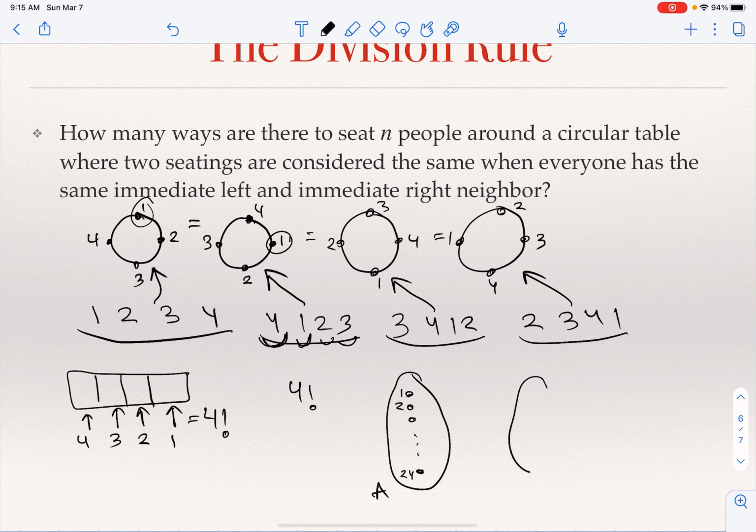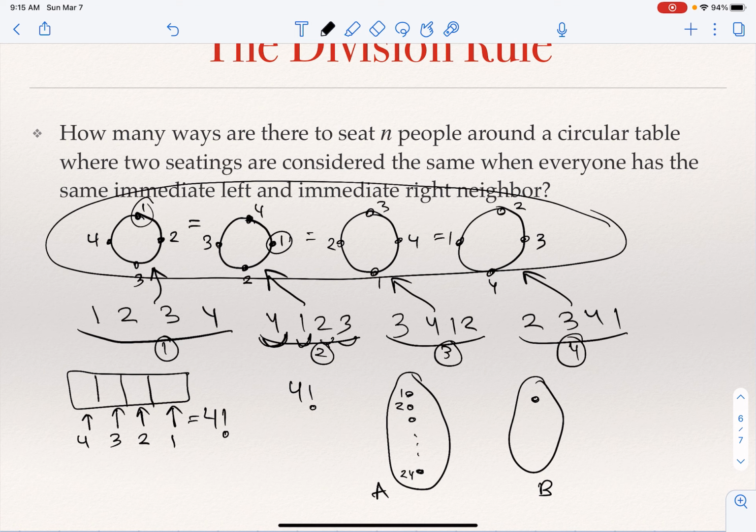Where set B comes into the picture, if this is the first, this is the second, this is the third, this is the fourth, suppose I count this as seating 1.